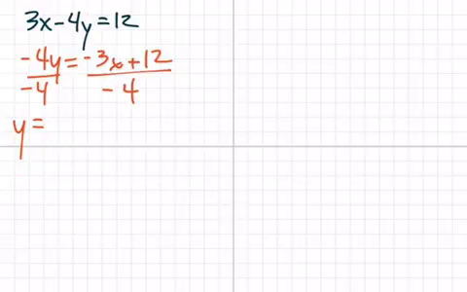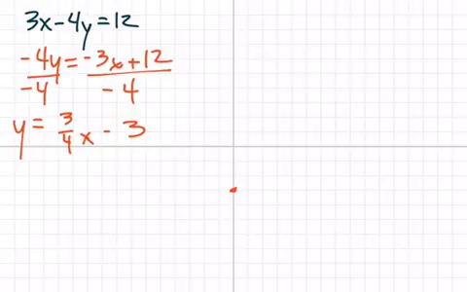Of course that's going to become positive. We get 3/4 x. Then we have 12 divided by negative 4, and that's going to give us negative 3. All right, so now we're going to start at negative 3. Rise up 3, 1, 2, 3, run out to the right 4 times, or down 3 to the left 4 times.